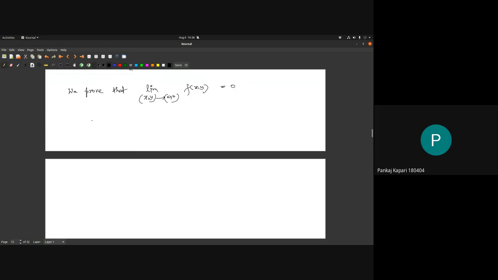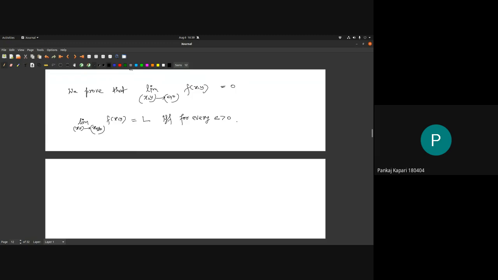Okay, so what that definition says is that the limit of the function f(x,y) as (x,y) goes to (0,0), or some other point, in general let me write it as (x naught, y naught), is equal to L, some number L, if and only if for every real number, so I write epsilon, every real number epsilon positive.